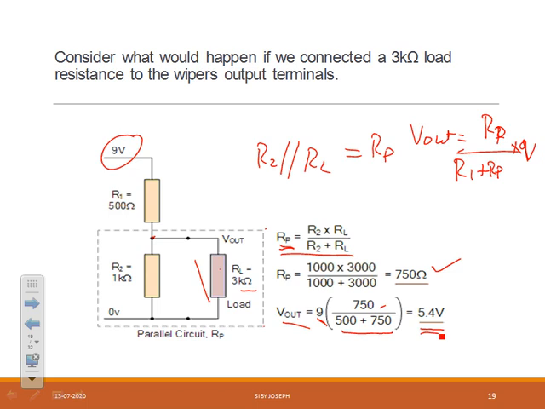So now we can see that by connecting a load across this resistor, the output voltage varies from 6 volt to 5.4 volt. This is the loading effect. How can we nullify this loading effect?